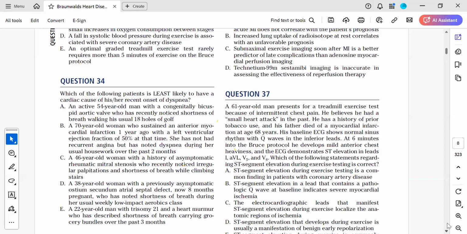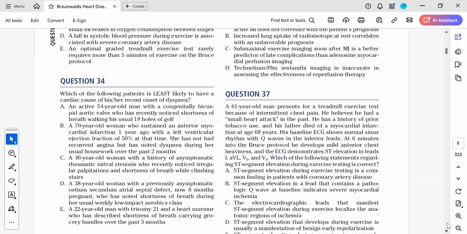It's likely that this will be due to the aortic valve disease he has, so it's likely of cardiac origin.